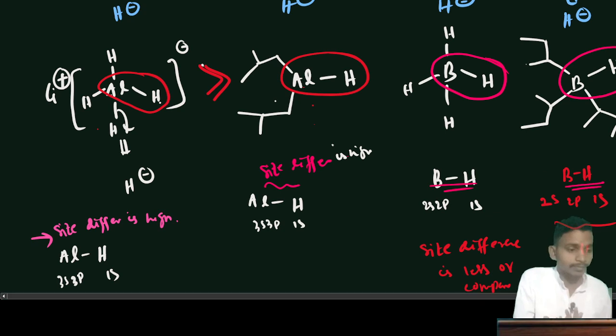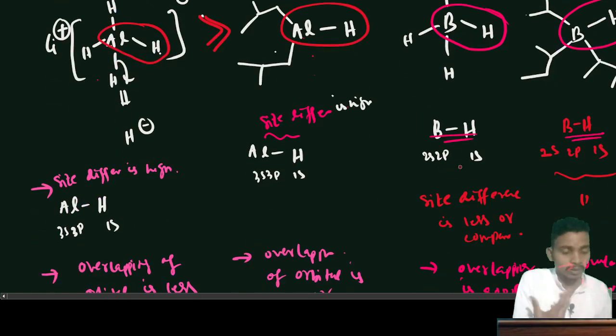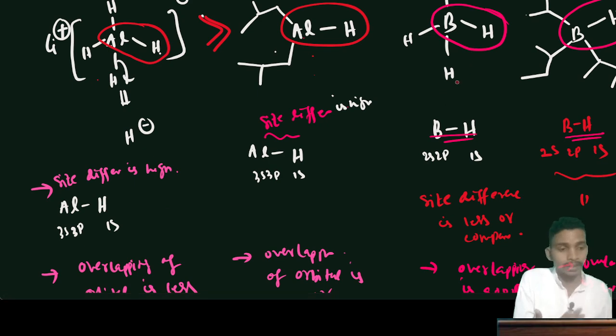Now coming to NaBH4, here the BH bond is there. Since the overlapping is good compared to this, releasing of H minus from this BH bond is a little tough. If they overlap in a very good way, releasing will be difficult. So it becomes less easy to remove this H minus, which means it is less reactive.